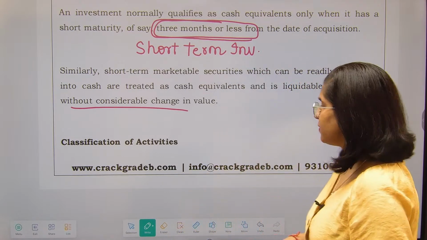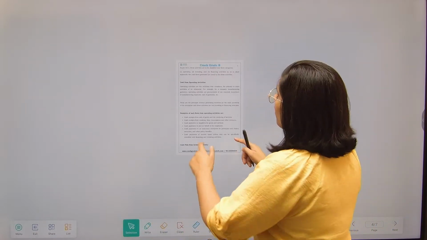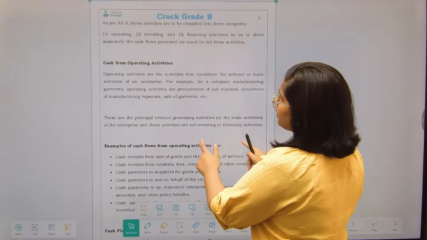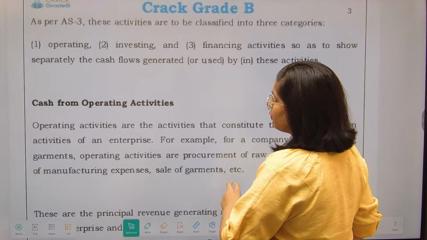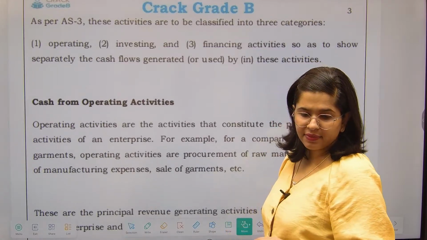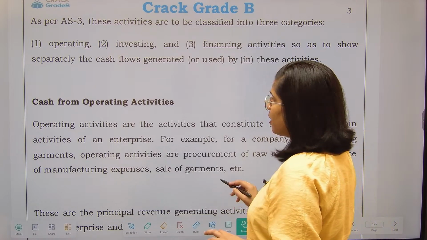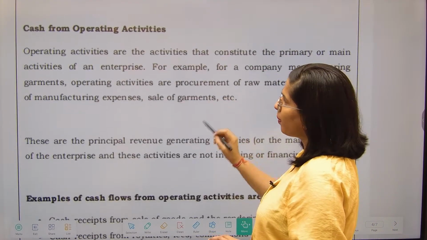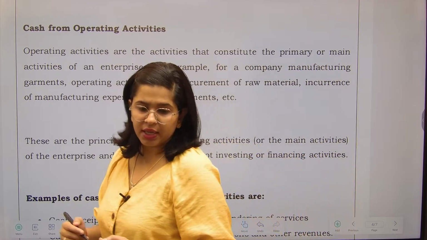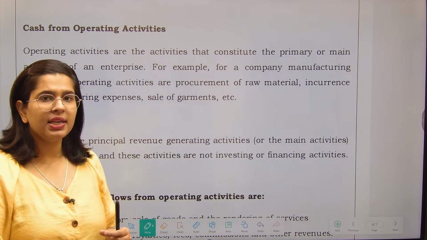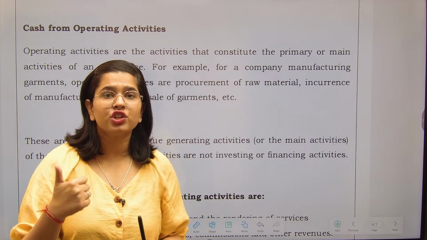Now next is the classification of activities. As per Accounting Standard 3, in the cash flow statement, activities are classified into 3 heads: operating activity, investing activity, and financing activity. Now, number one, we have cash from operating activities. Understand, whatever work you might be doing, there are situations when money is going out of your pocket. That is called cash outflow.